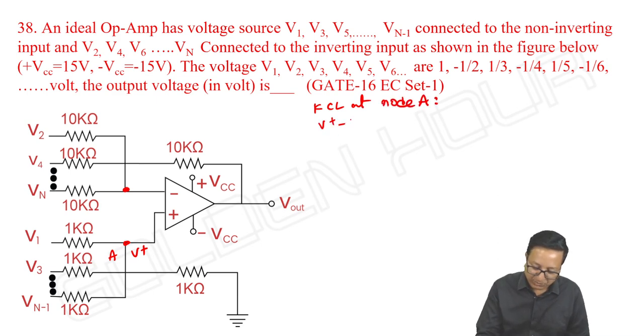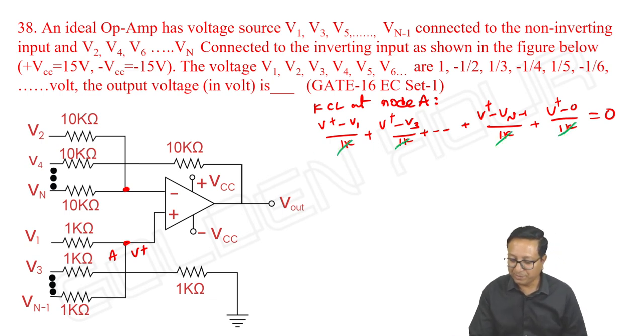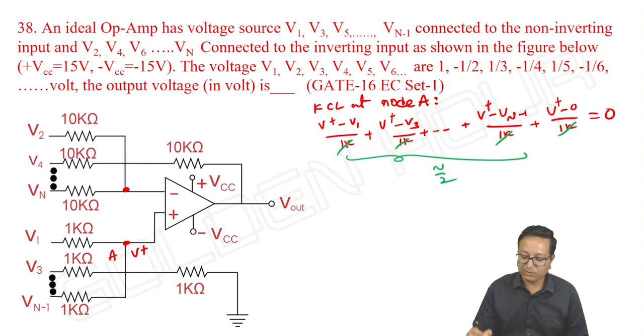It is V plus minus V1 by 1k plus V plus minus V3 by 1k, and so on, plus V plus minus Vn minus 1 by 1k plus V plus minus 0 by 1 kilo ohm is equal to 0. So now I can cancel 1k in the denominator. Total how many? These are n by 2, and it is 1.